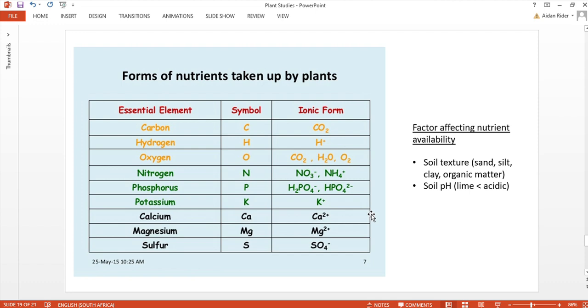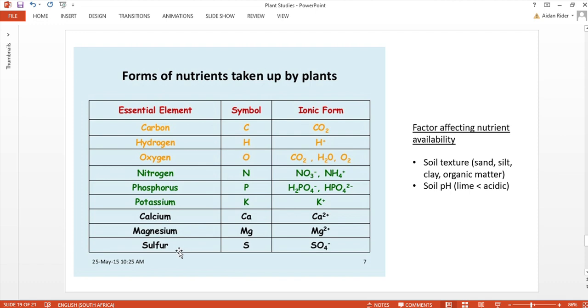In the soil, carbon will be in the form of carbon dioxide. Hydrogen would be in the form of the hydrogen ion H+, so that's one less electron. Oxygen can be taken up in the forms of either carbon dioxide, water, or just oxygen. The same goes for nitrogen and all the rest.